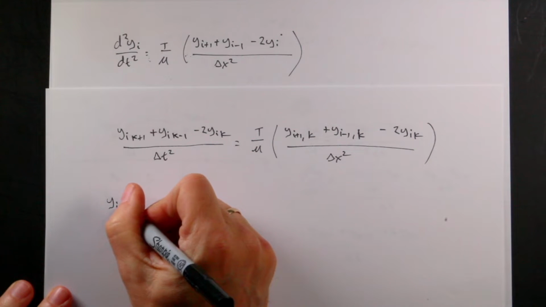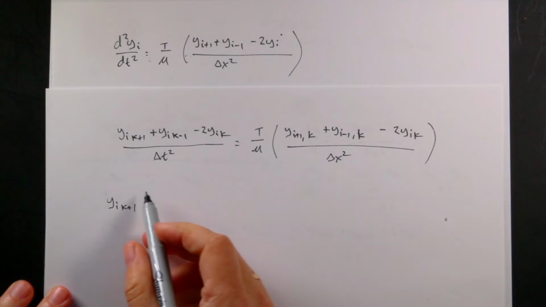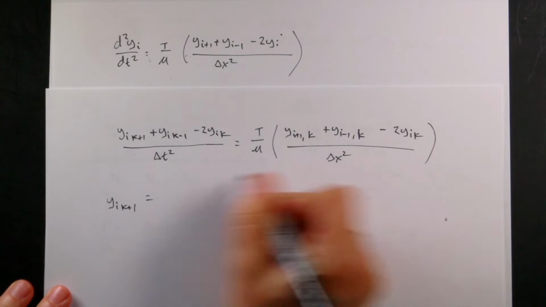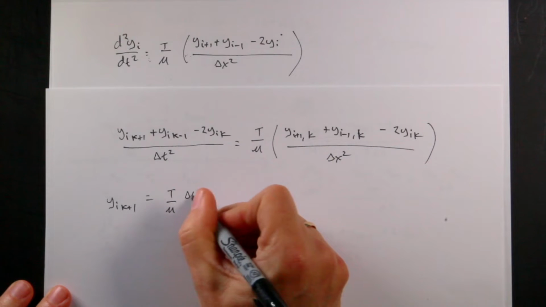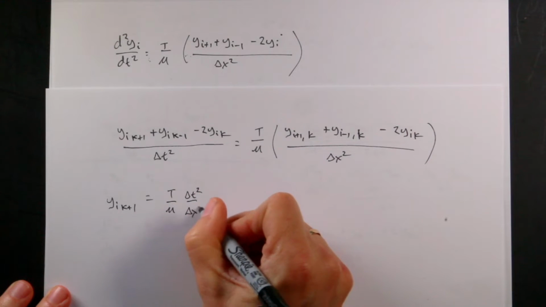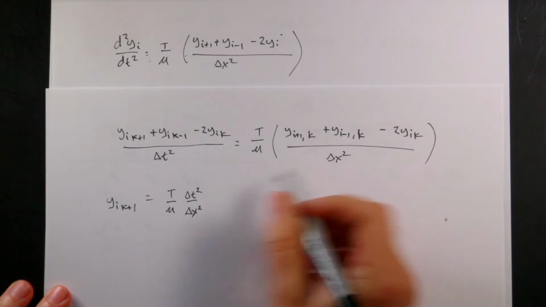y_i^(k+1), which is the future value, is going to be equal to, I'm going to factor this out, t over mu, and then I get delta t squared over delta x squared, all that times this stuff.